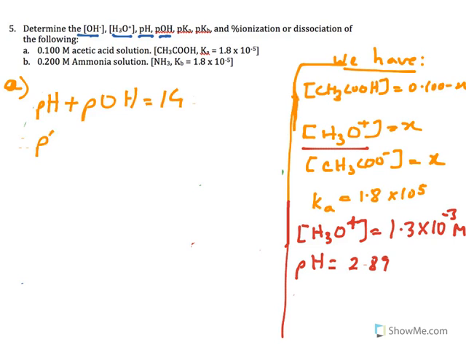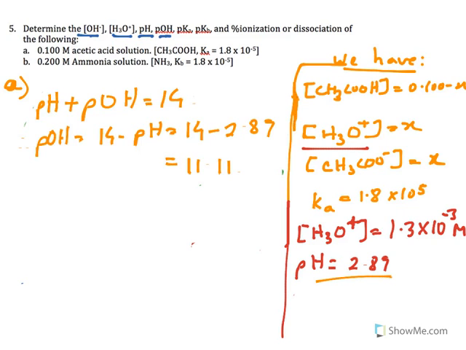Therefore, our pOH is going to be equal to 14 minus pH, which is 14 minus 2.89, and we end up with a pOH of 11.11. Now, we have almost everything. We just have to find our pKa, pKb, and percent ionization.